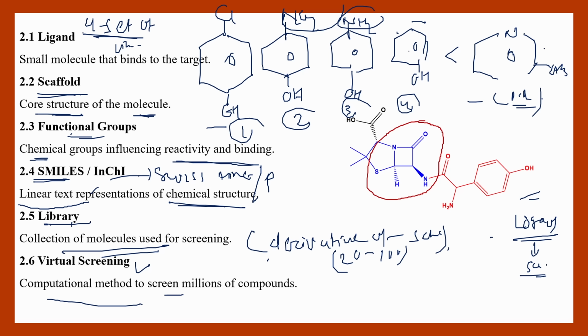Then we know about functional groups, and how functional groups affect the activity. Then we studied the library. A library can be prepared by using different derivatives of the scaffold. Then virtual screening is just the molecular docking of the library which we have prepared.